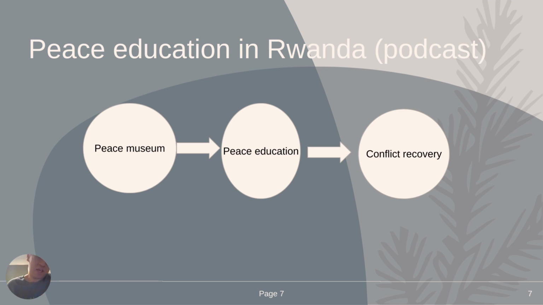And let's begin with the last entry that I made, which is about peace education in Rwanda. As I mentioned, I intentionally put this entry here because it creates a link between three concepts, which are peace museum, peace education, and conflict recovery. And as I mentioned, the peace museum here is the place for peace education.